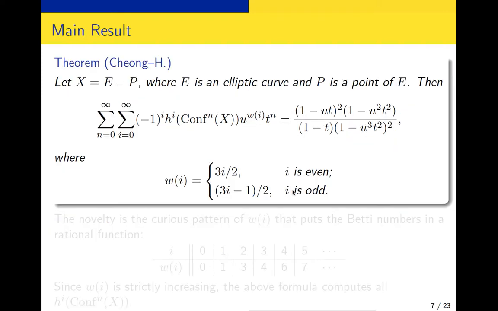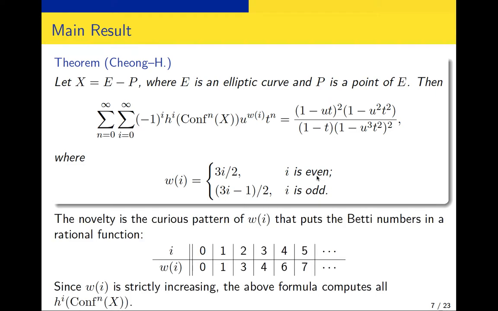And here is our contribution. In the case where X is an elliptic curve minus a point, we have a rational generating function, except that the power here is not quite just u to the power i, but some weird thing. And this thing can be given in a table, and this is the real novelty here, precisely because we need this weight pattern.